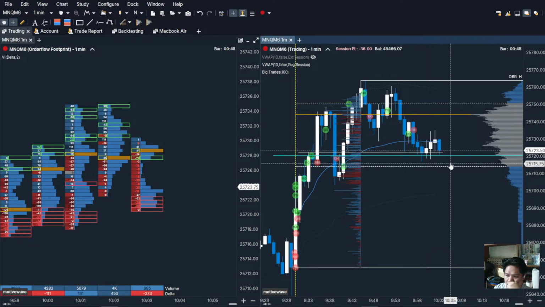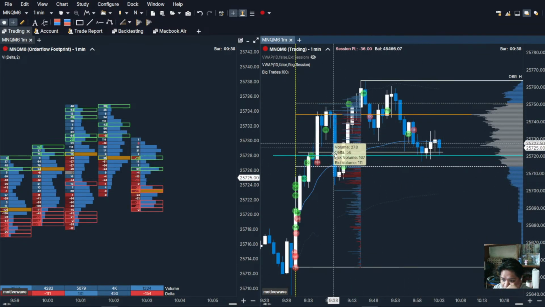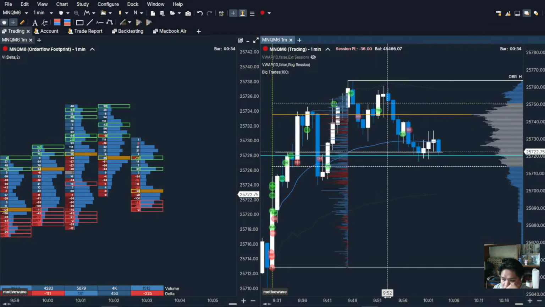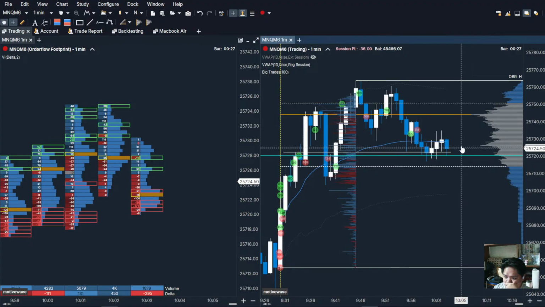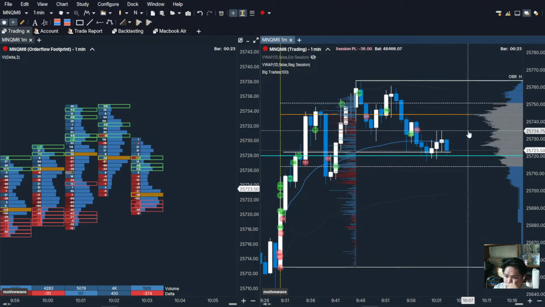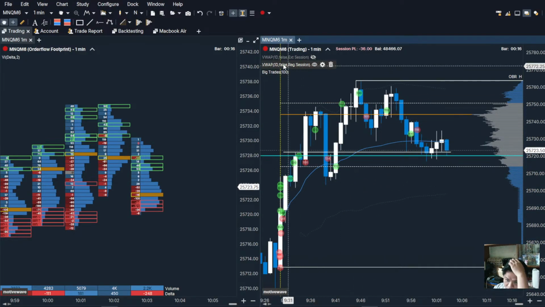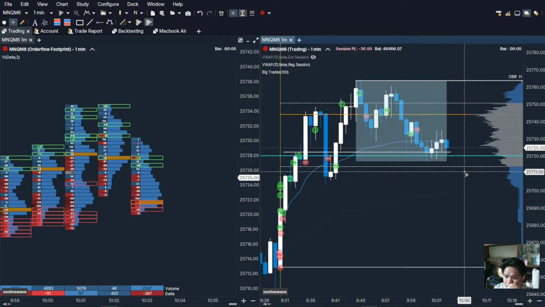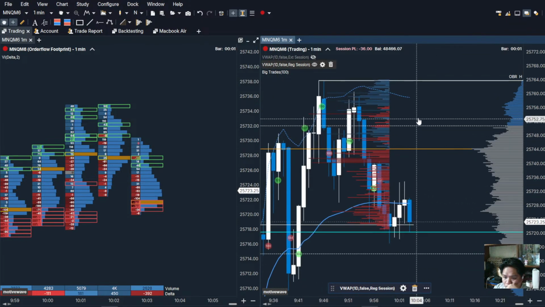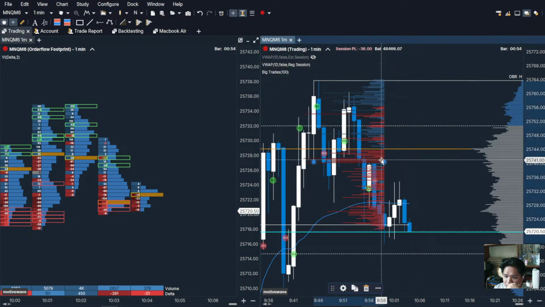So if this fails, we could potentially move up. In terms of sells, if we're looking for sells here, okay, I want to see shorts here if we're going to short.